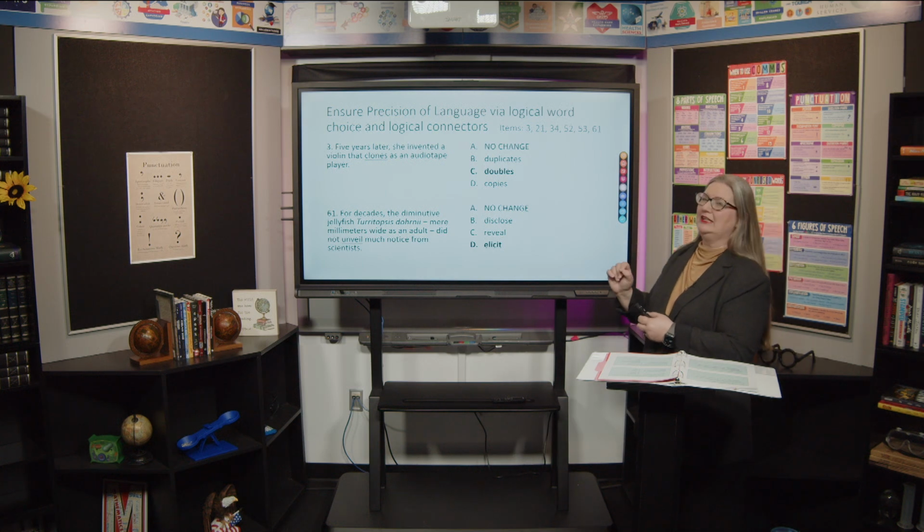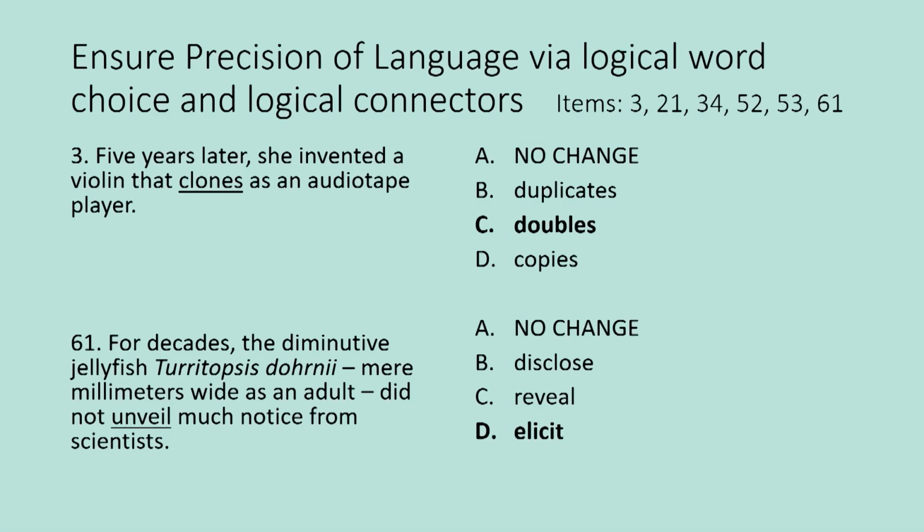All right, so let's look at item number 3. Five years later, she invented a violin that clones as an audio tape player. Well, typically when we think of the word clone, we think about something that has been copied, or we think about a scientific idea. So the best precision of language item here would be that it doubles.